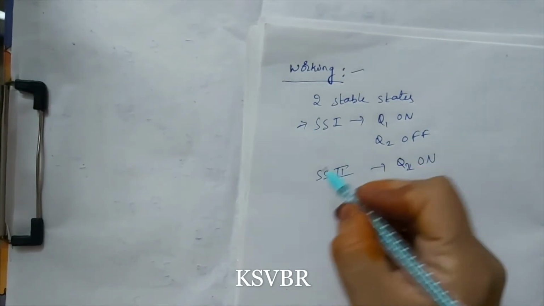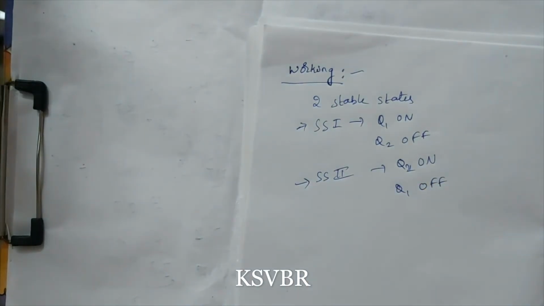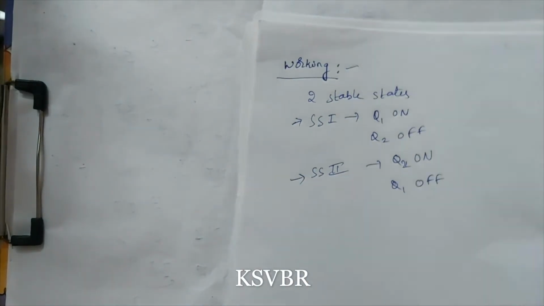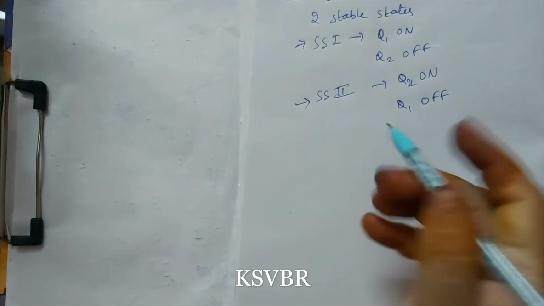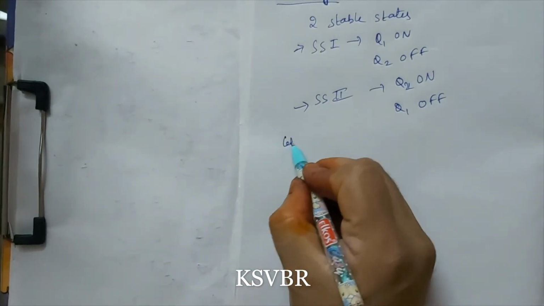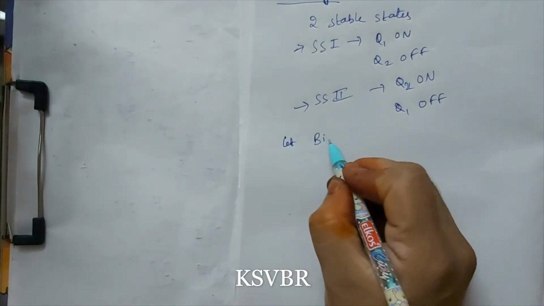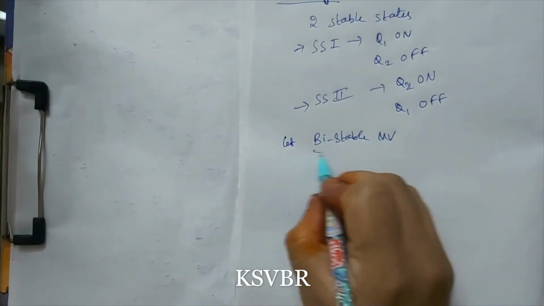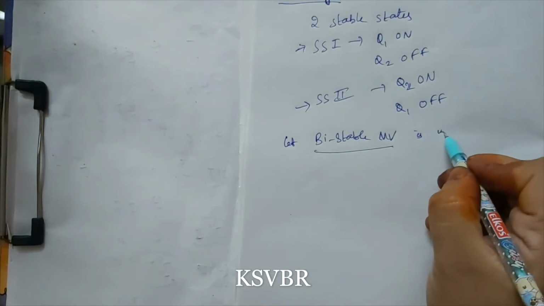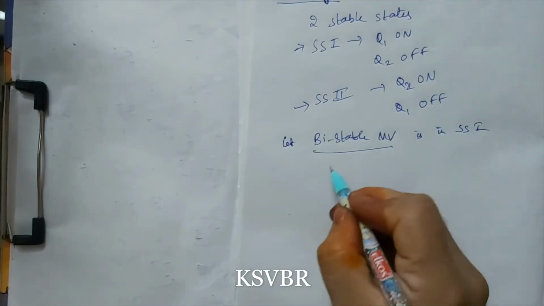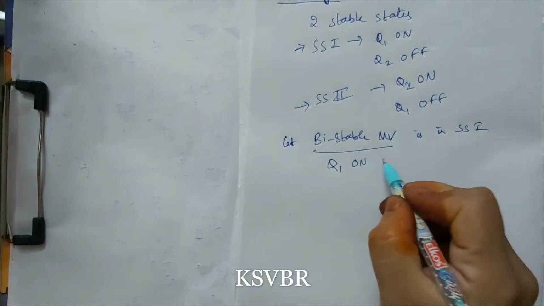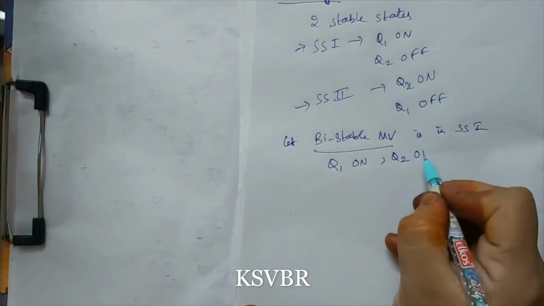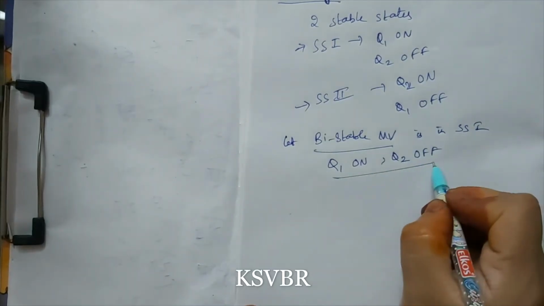Now let us assume that our multivibrator is in stable state 1. So Q1 on, Q2 off. This is the default state.